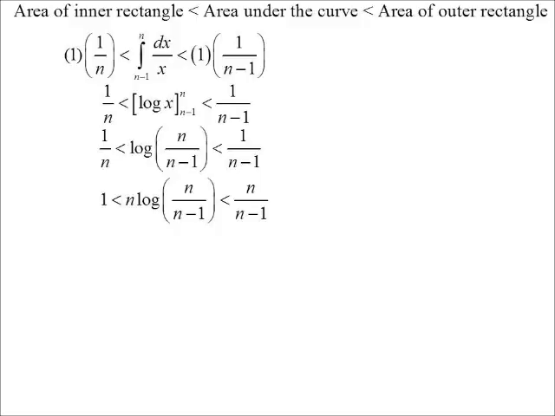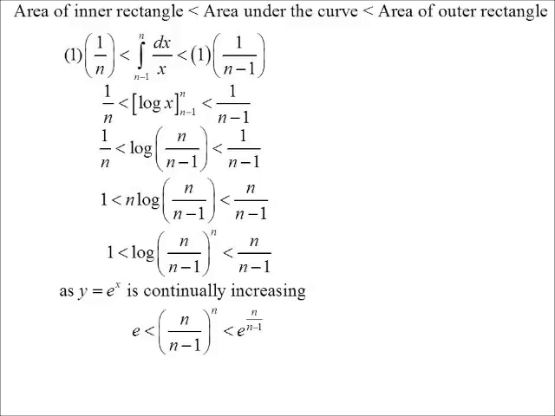So 1 is less than n log n on n minus 1, which is less than now n on n minus 1. I've brought the power into the log, using my log laws. I now have n on n minus 1 to the power of n. Now, of course, to undo a log, I exponentialize.